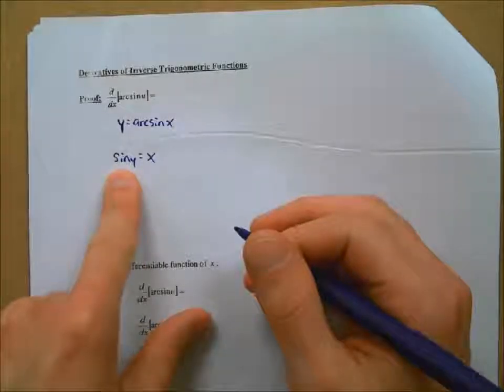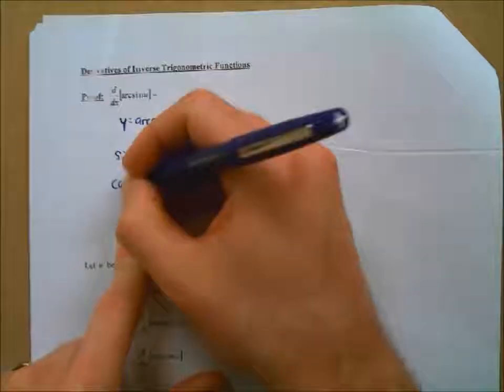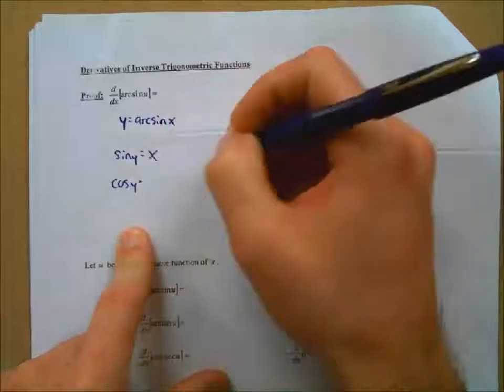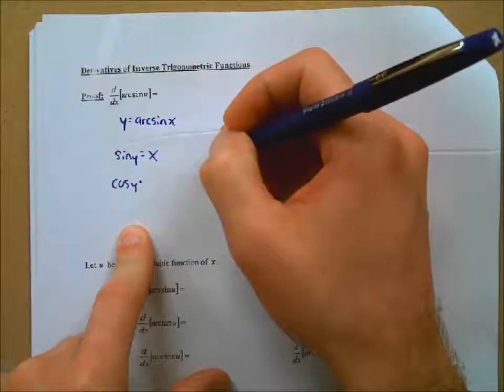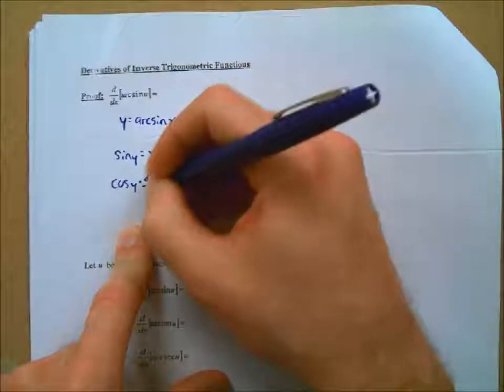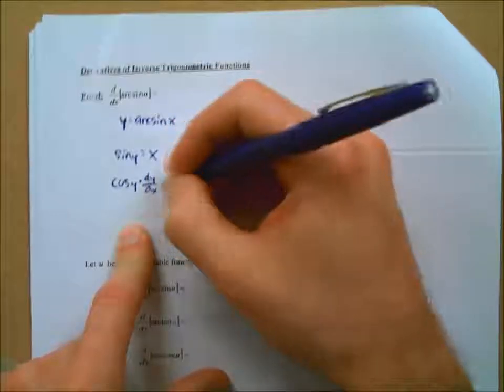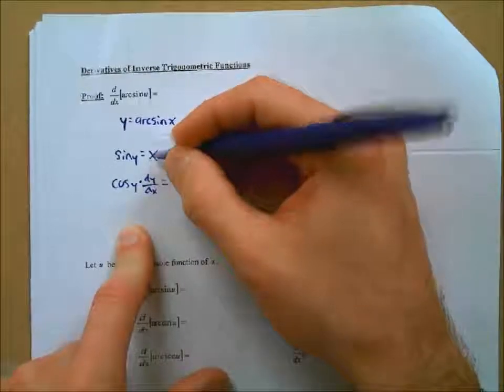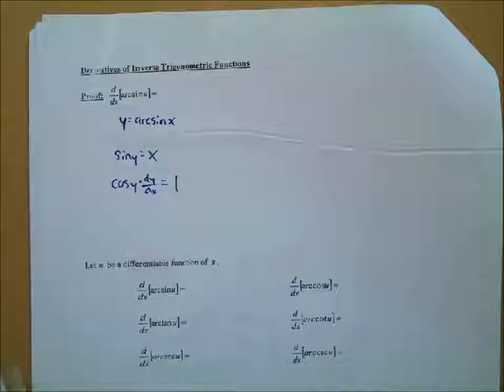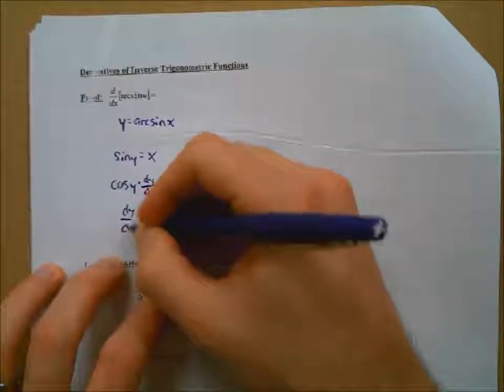The derivative of sine is cosine of y times what? dy dx. Equals, and then the derivative of x with respect to x, 1. There's the derivative. We'll then move the cosine back over to get the dy dx by itself.